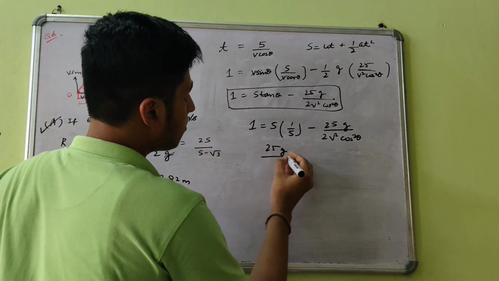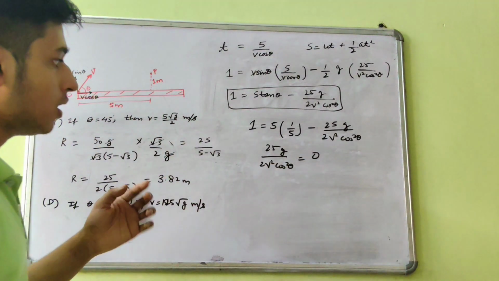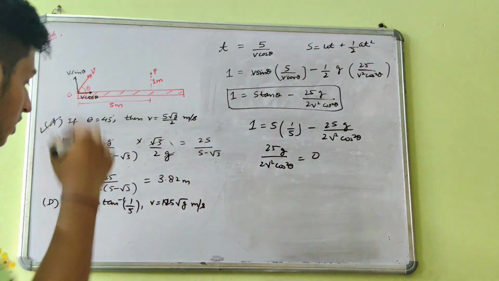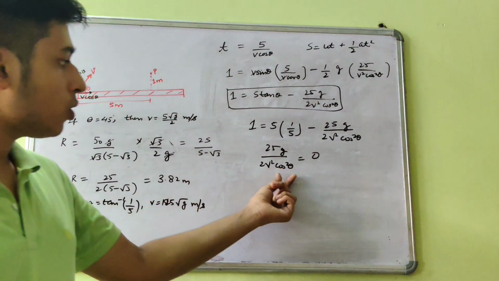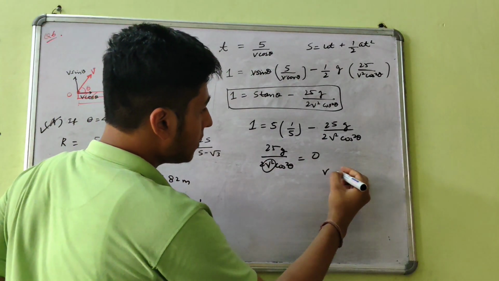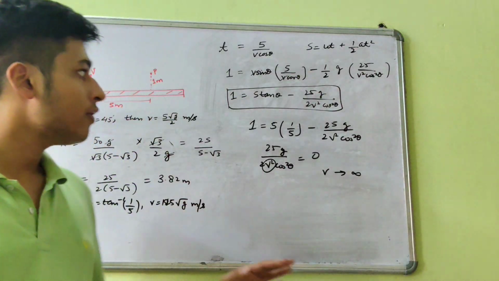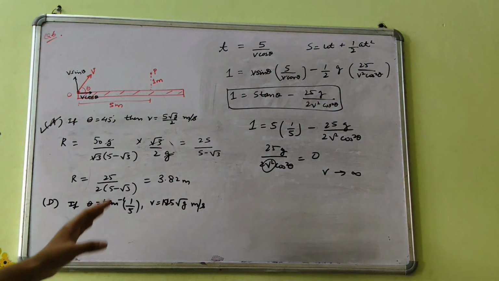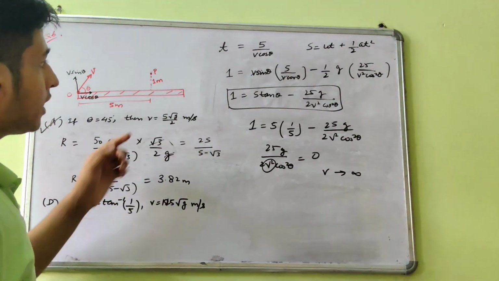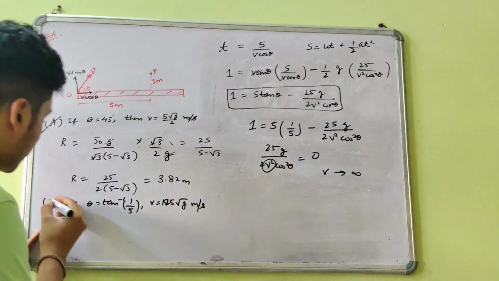So 25g by 2v square cos square theta equals 0. Here the only variable is v, because since we know theta is tan inverse 1 by 5, we know cos theta. To make this 0, v must tend to infinity, which means that there is no real value of v for which this condition is satisfied. Means for no v will this particle ever reach this point if theta is tan inverse 1 by 5. So this option is incorrect.